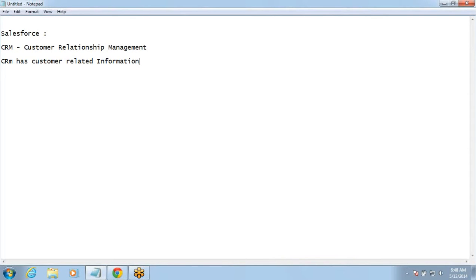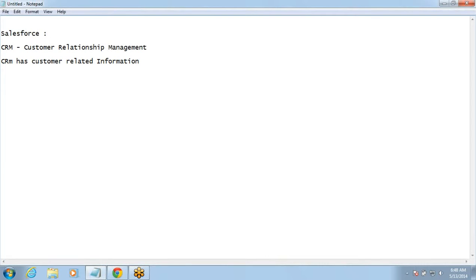So information which goes into CRM can be of different types, like the contact details of the customer, the transactions that you are having with your customer, the payment details, how much they have paid.